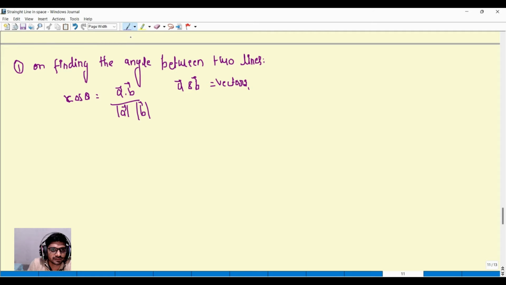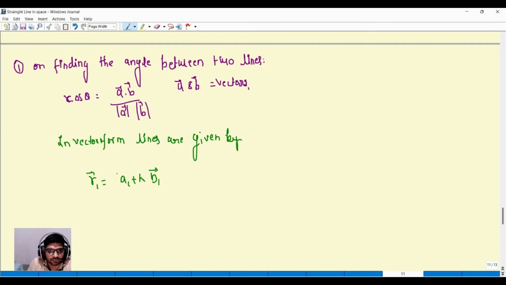Basically, lines are given in vector form: r1 equals a1 plus lambda b1, where a1 is a position vector and b1 is a vector, and r2 is given by a2 plus lambda b2.